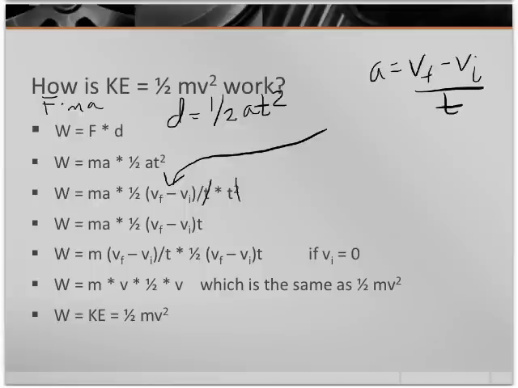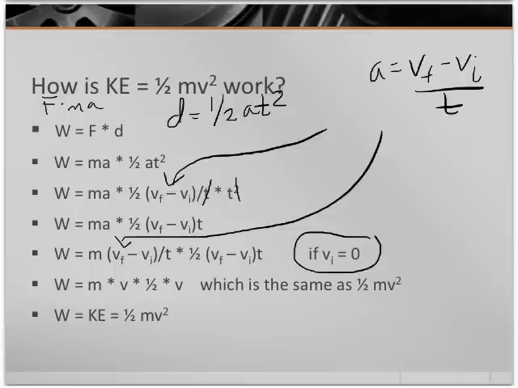Then we're going to replace the second a the same way. So you're going to have mass times vf minus vi divided by t times 1/2, and then if we assume that our velocity initial is 0, all of these vi's disappear. Those get replaced with a 0.